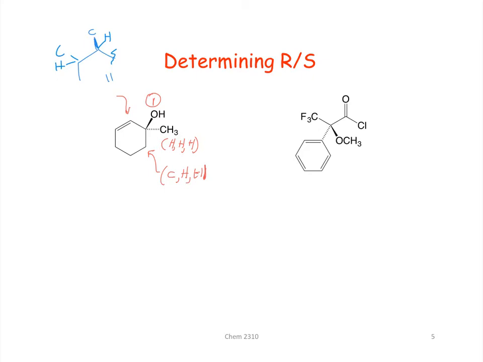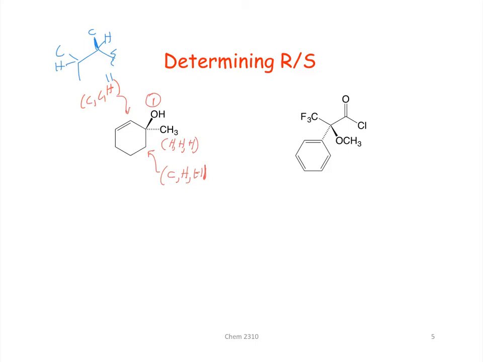So when we look at this carbon here, we see that it has two carbons and a hydrogen. So we'll write this carbon, carbon, hydrogen. Now what we do is compare these three atom lists.